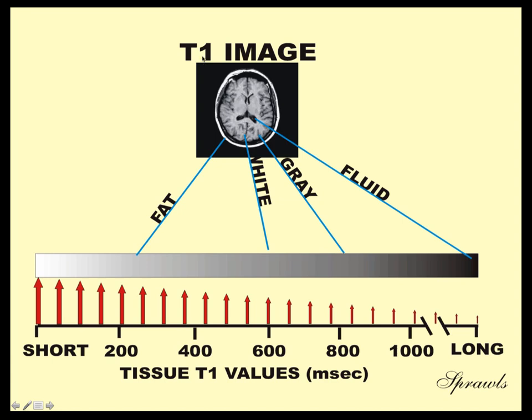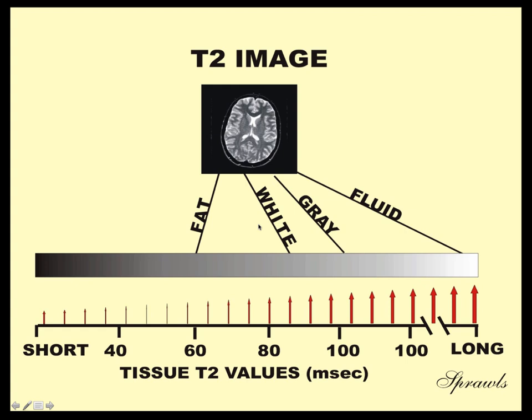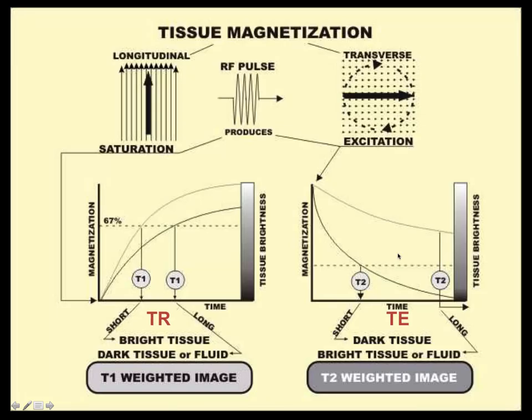For example, the various types of tissue in the brain have slightly different T1s. Fat has shorter T1 than fluid does, and gray and white matter are in the center. The same thing for T2: you have a split over all the different tissue types, with blood being closer to fluid and having a longer T2.